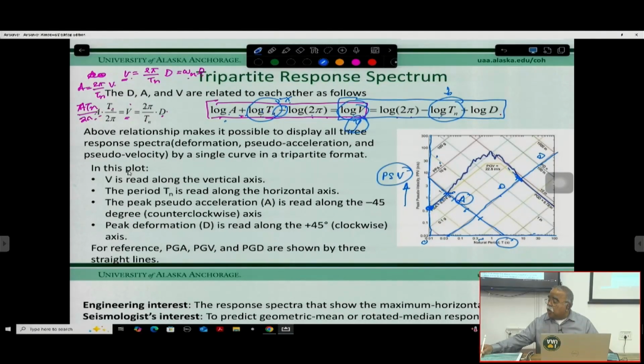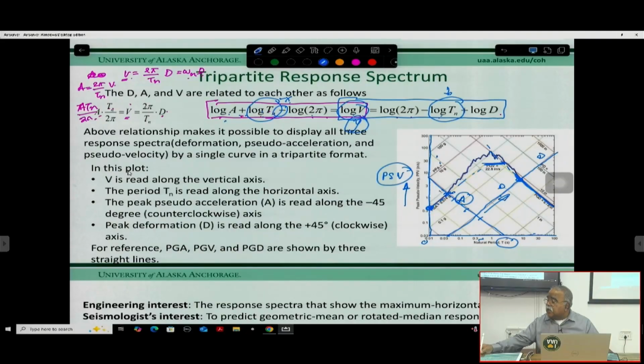And if you plot these two values, it's just like this, then this will be the peak ground velocity, right? So you can calculate the peak ground velocity and the peak ground displacement, because it becomes totally constant at this point. This point will be the peak ground displacement value, and you can read it from this graph.